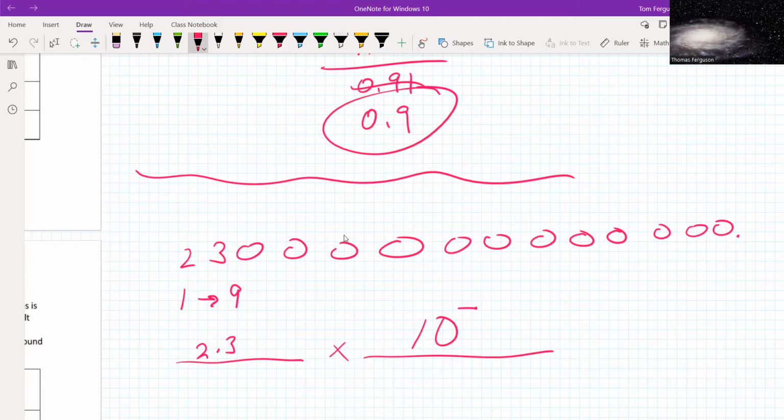Well, I don't know, so we count: 1, 2, 3, 4, 5, 6, 7, 8, 9, 10, 11, 12, 13. Now, we're just renaming the number. The count of the number doesn't change. So this exponent is going to be 13. So 2.3 times 10 to the 13th.